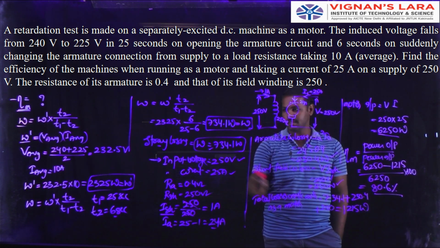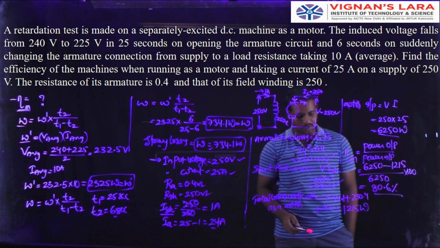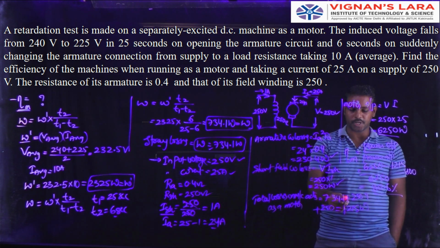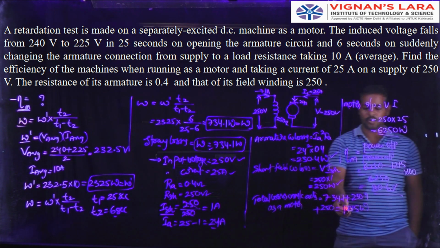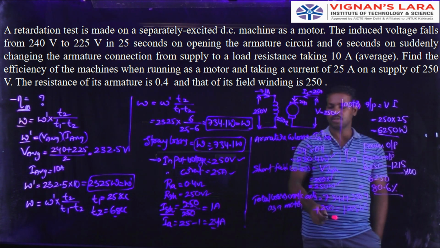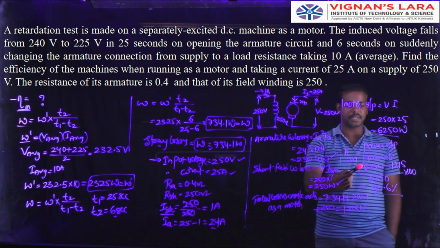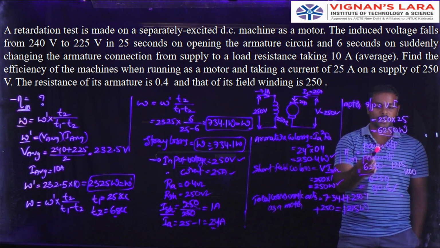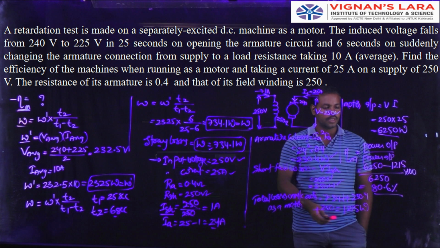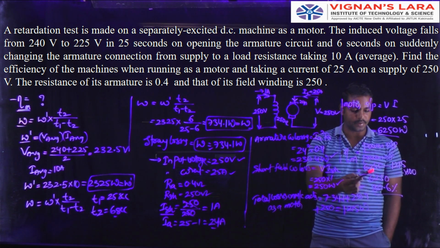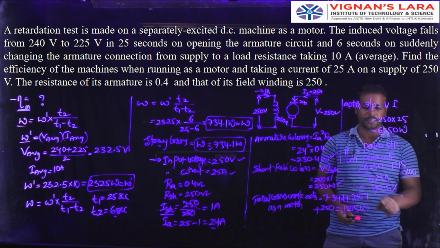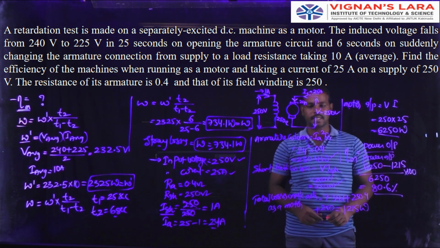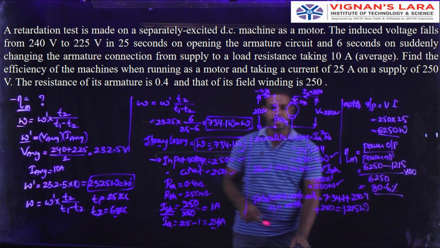So total loss is the summation of these three losses, 734.1 plus 230.4 plus 250, is equal to 1215 watts. So efficiency of the machine is power output by power input, which is input minus total losses divided by power input, into 100, is equal to 80.6%.